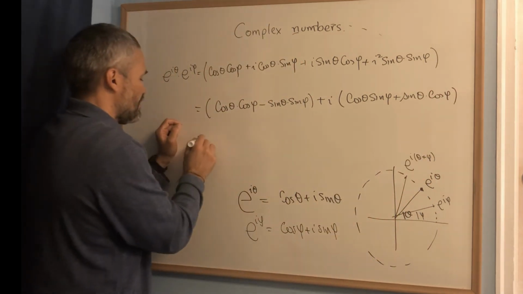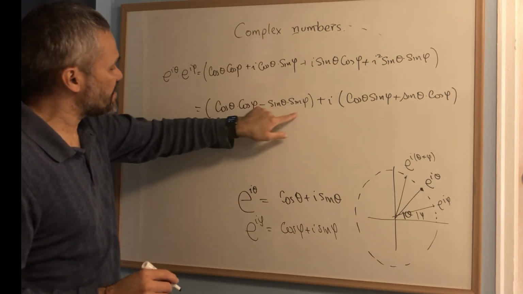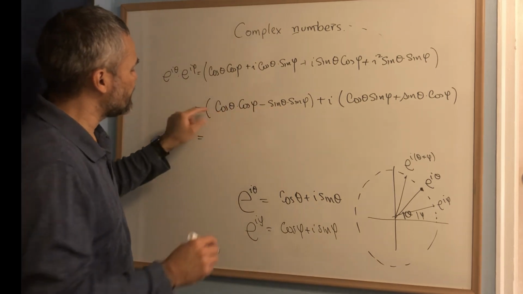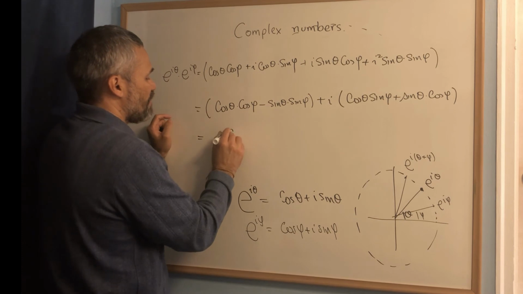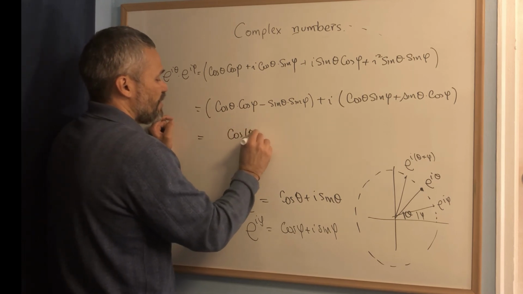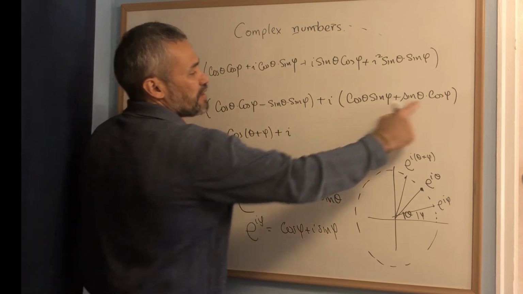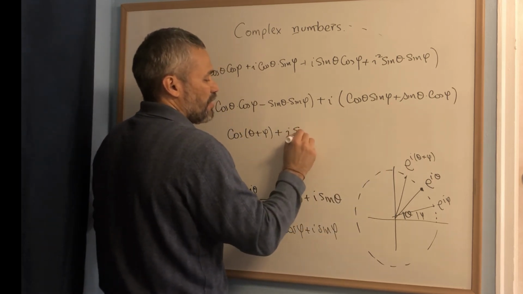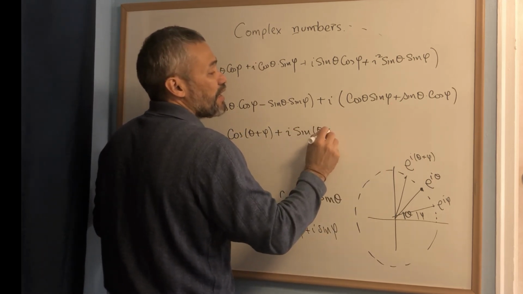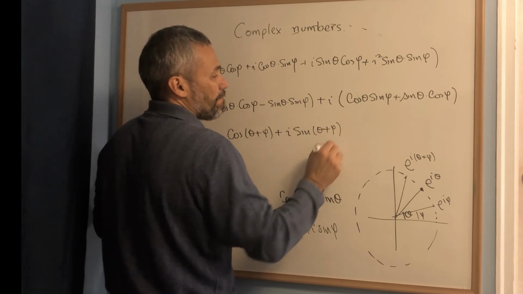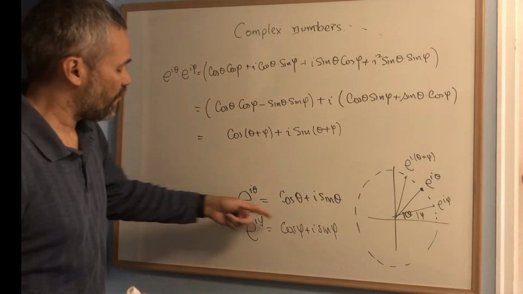And you can check, if you remember your basic trigonometric identities, this is the formula for cosine of theta plus phi, and this part here is the formula for sine of theta plus phi. Then we have proved that property holds true.